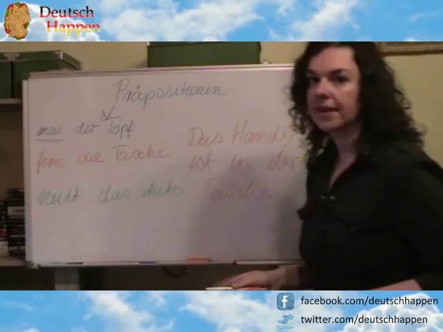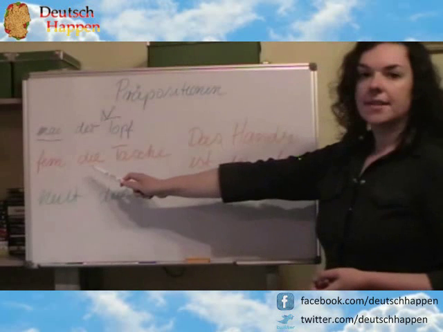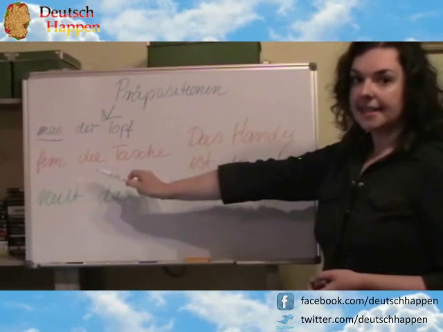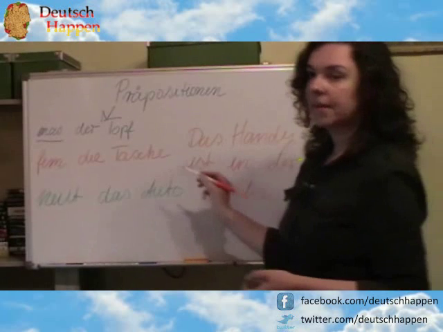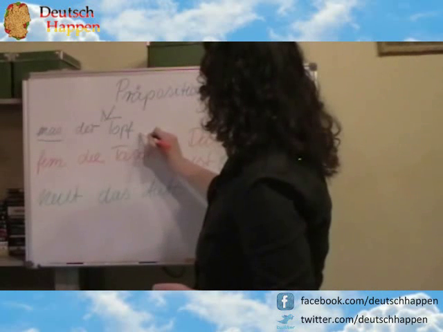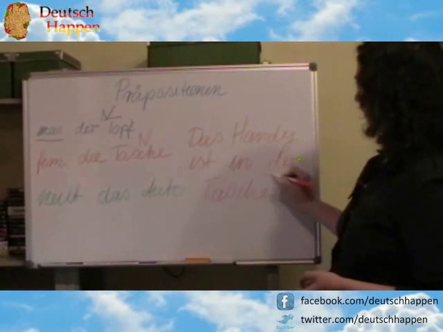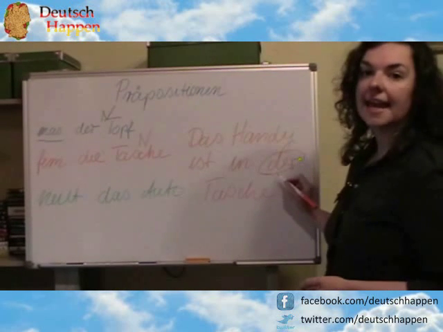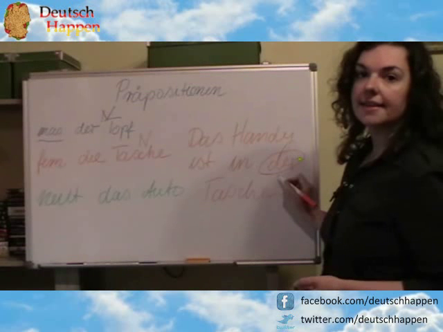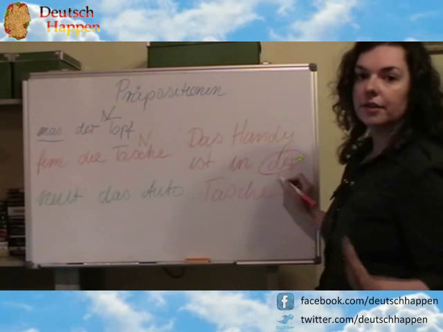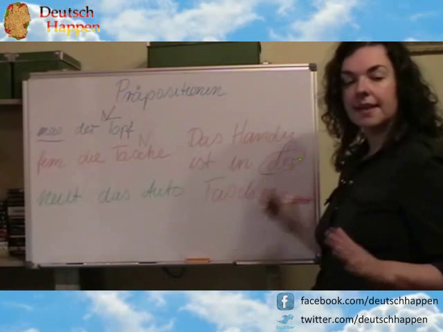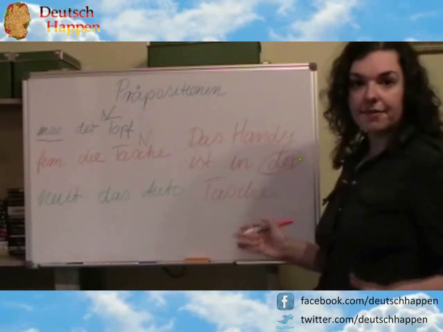Full stop, period. So as you can see, the die for nominative feminine singular becomes der when it's the dative object. So don't confuse it. Of course, Tasche always stays feminine.